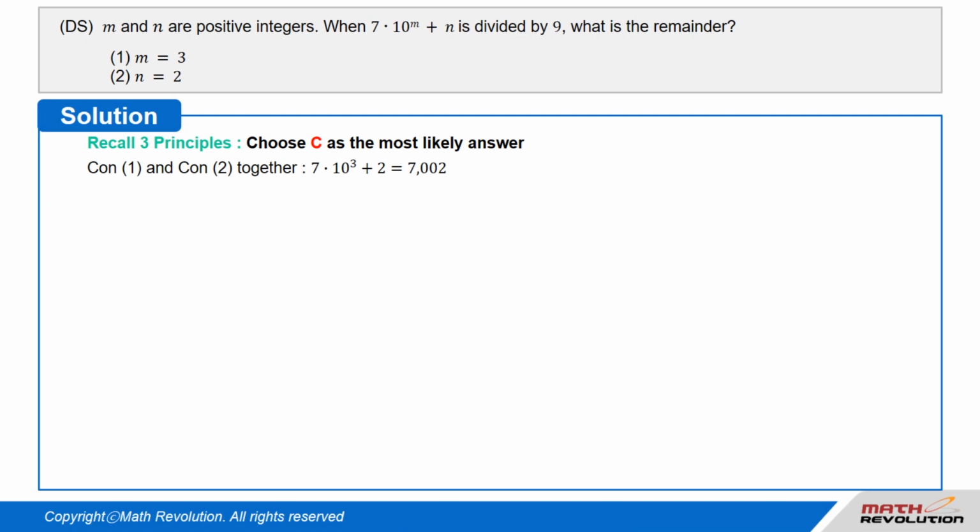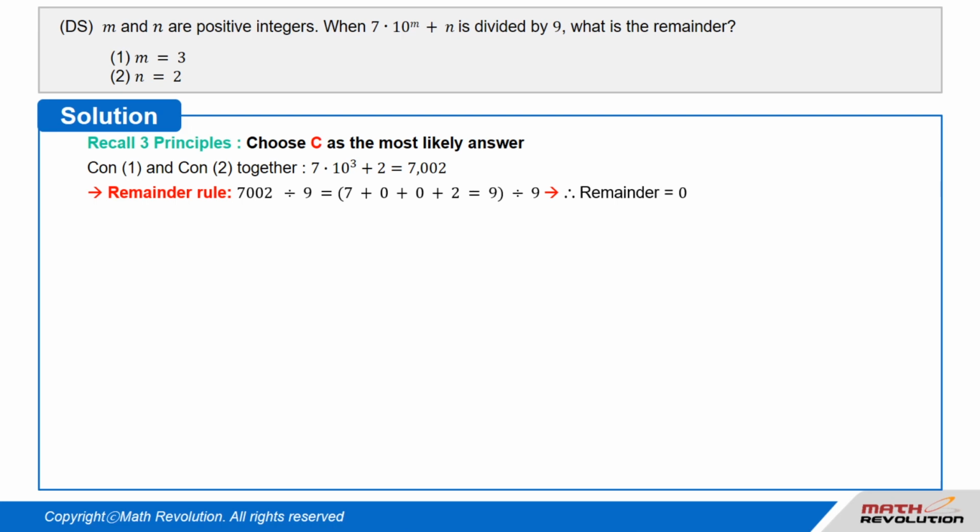Let's take a look at both the conditions together, which gives us 7 times 10 cubed plus 2 equals 7,002. To figure out the remainder, we can use the method mentioned above, which means that the remainder after dividing by 3 or 9 is the same as the remainder after dividing the sum of digits of that number by 3 or 9.